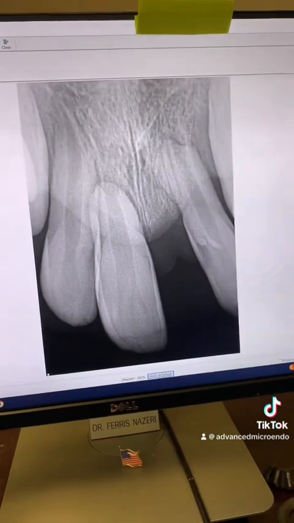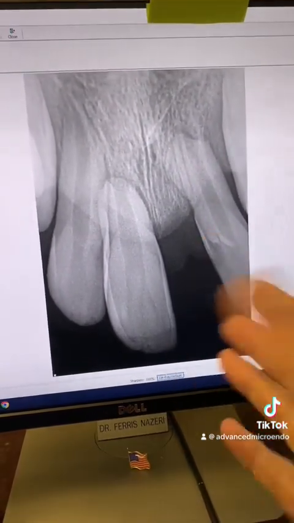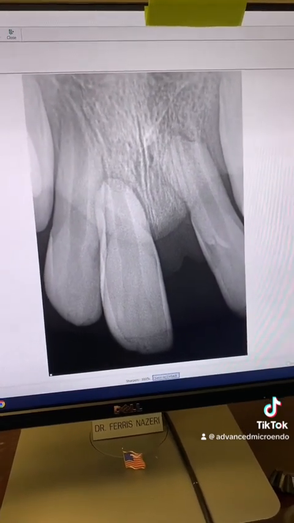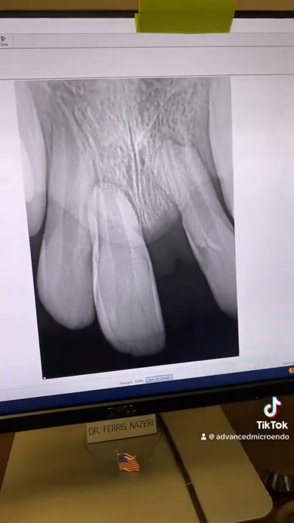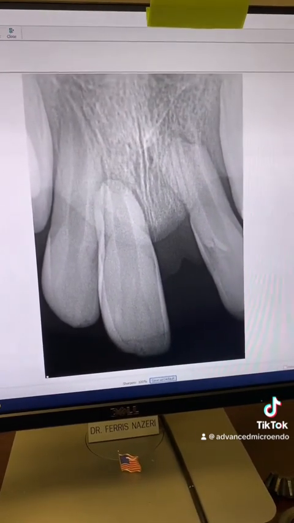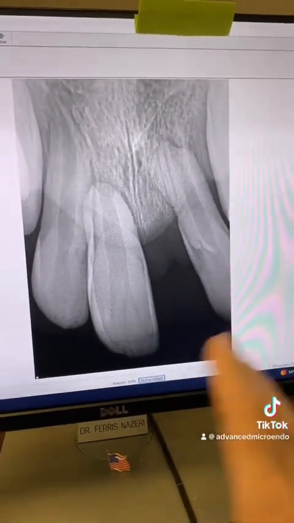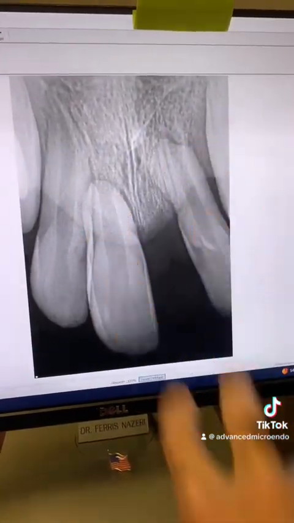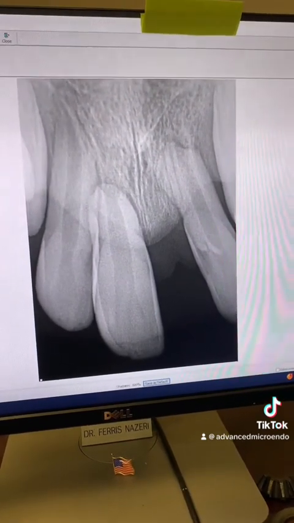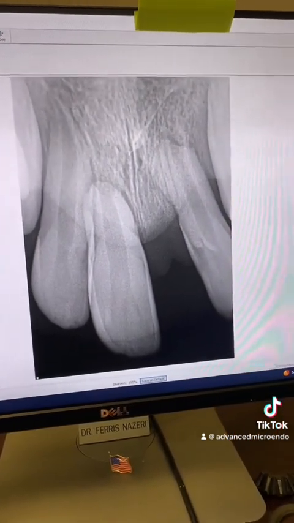Went ahead and discussed options with the father. And of course, this poor child is only 9 years old, so she's not eligible to receive a dental implant yet. She's going to have to wear an appliance, a flipper, for a few years. And the goal is to try to save these teeth for as many years as possible, despite the fact that they both have a very guarded prognosis.